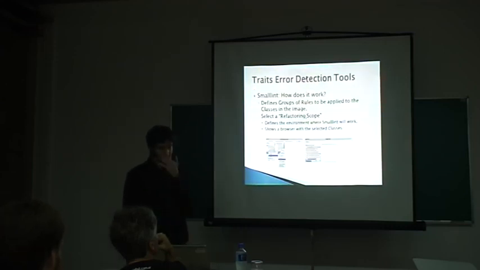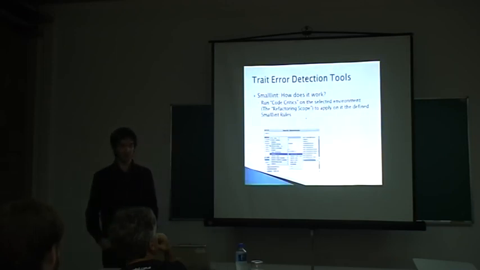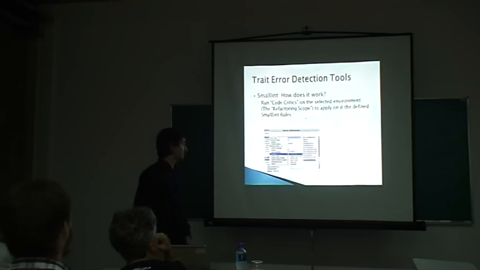When you select that environment, you will see a browser containing classes and hopefully traits included. After that, you run the code critics that includes Smalllint, and the selected rules will be checking the classes and traits included in that environment.